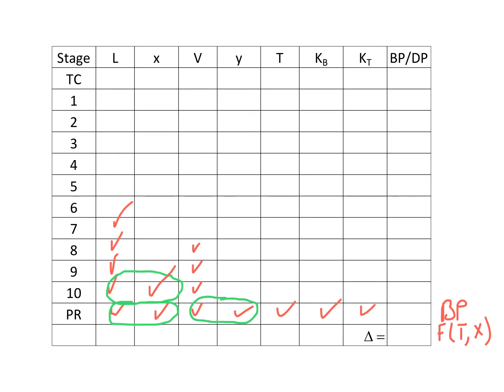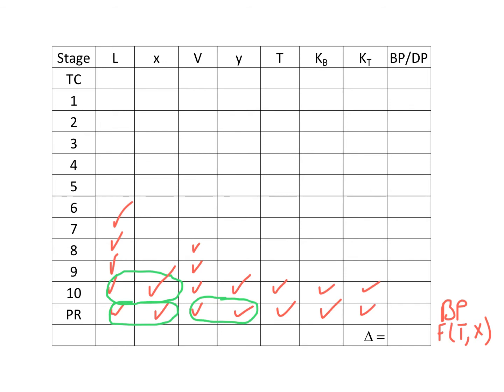Again, we can use the bubble point equation to calculate the temperature by iterating the bubble point equation and the temperature, because we know the liquid phase composition for the activity coefficient, and the temperature will be guessed. So we can calculate then the vapor composition leaving stage 10.